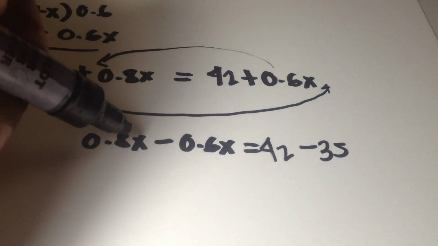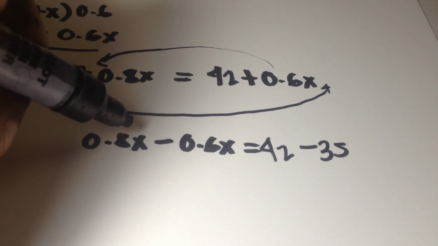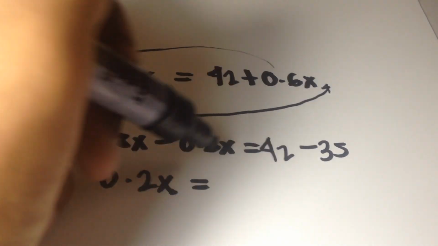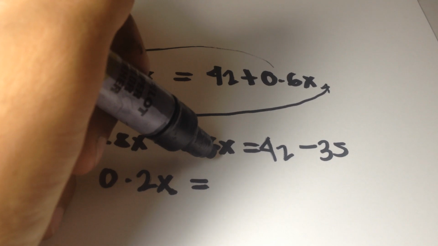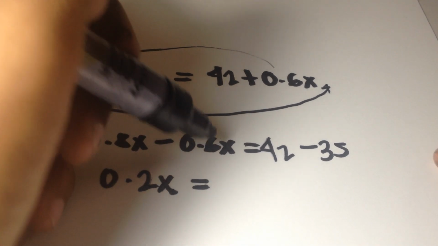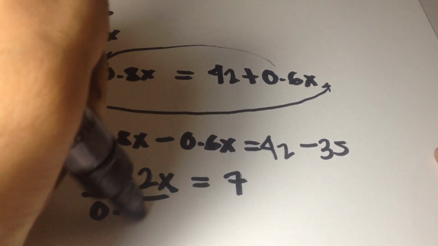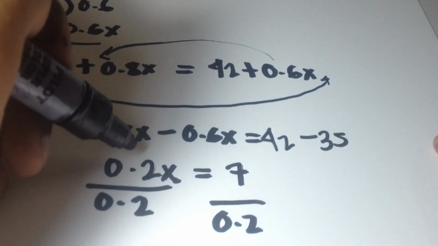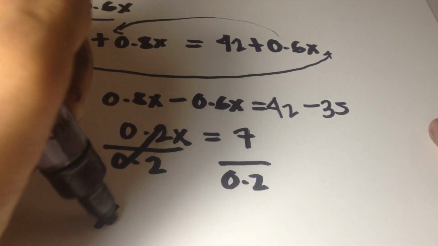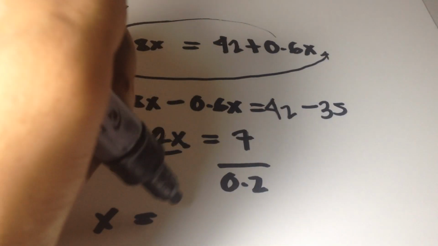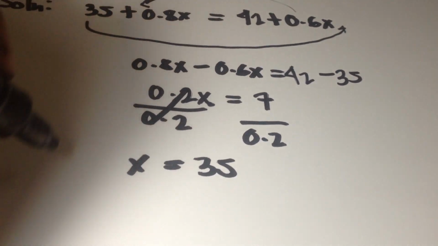So 0.8 minus 0.6 is equal to 0.2, so 0.2x is equal to 42 minus 35, which is 7. Then divide both sides by 0.2, so they cancel. So x is equal to 7 divided by 0.2, which is 35.